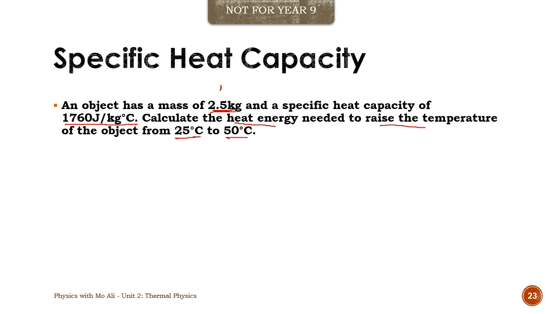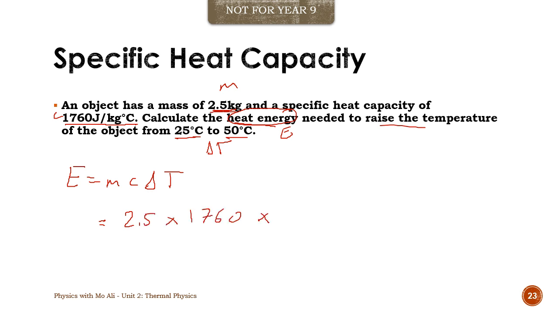So what is this? Well, he's giving me the mass and the specific heat capacity and the delta T, and he wants me to get the energy. Here we go. E equals mc delta T. I want the energy, so m is 2.5 times 1760 times open bracket, because it's change in temperature.